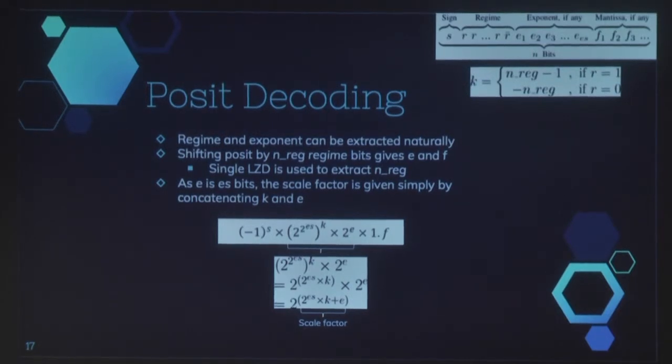So the scale factor can be achieved by simply concatenating this K and E. This is our scale factor. In this example, I don't show it, but if the sign is 1, you just have to do a 2's complement and perform the same operation. If R is 1, we are doing the negation, so we don't have to use the leading 1 detector. We are just doing the 2's complement in there.